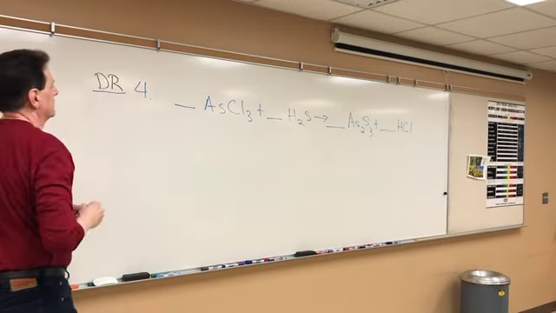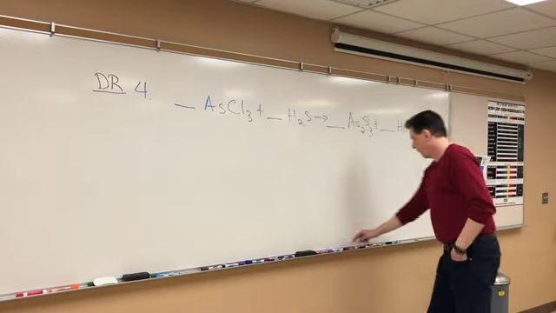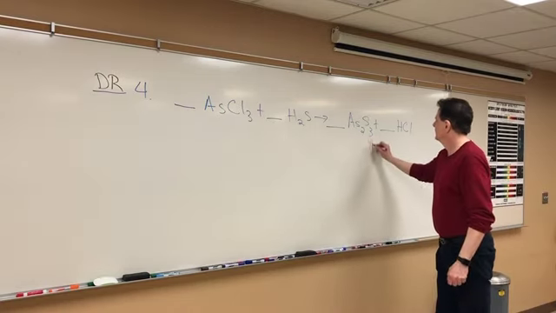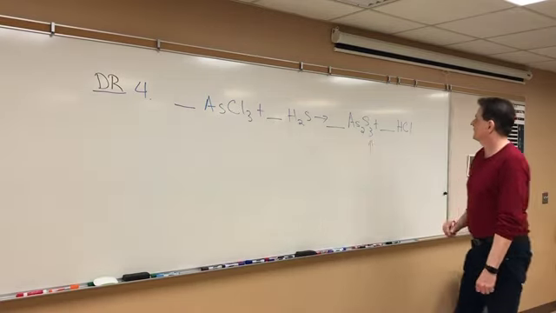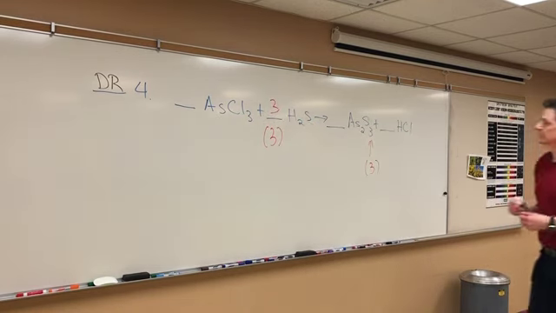Okay, where do we want to start? I'm going to start with sulfur. I've got 3 sulfurs there, so I'm going to need 3 sulfurs here. That's going to fix the sulfur problem.